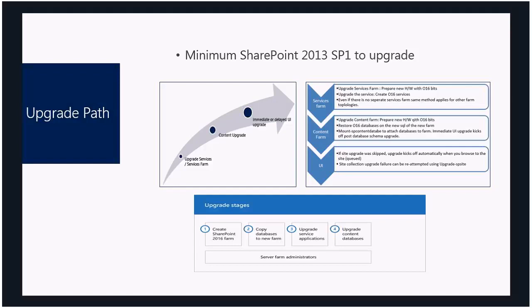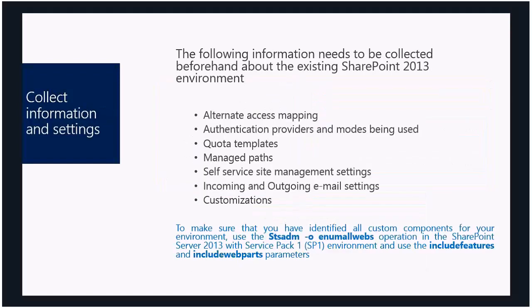And then we can use PowerShell to upgrade the schema of the databases, and then we can attach the database into SharePoint 2016 here. So this is the general upgrade path from SharePoint 2013 into SharePoint 2016.